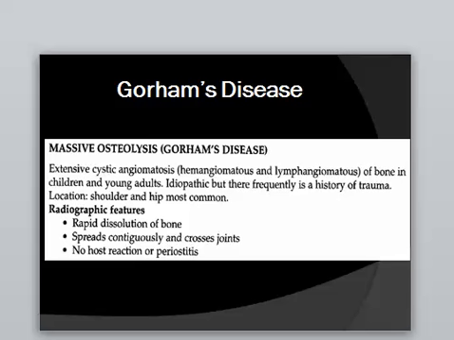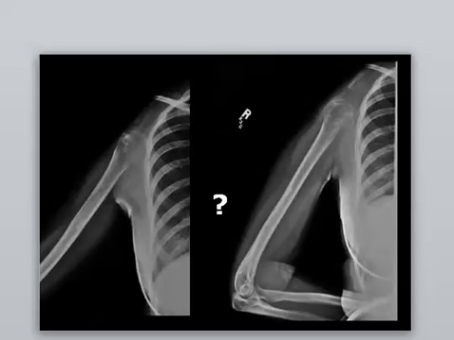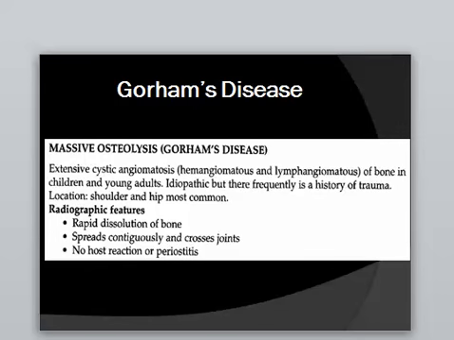Sometimes there is a history of trauma, but it is an idiopathic disease. Gorham's disease is massive osteolysis, or what we call vanishing bone disease. Here you get erosion of the distal clavicle and osteolysis of the proximal humerus.